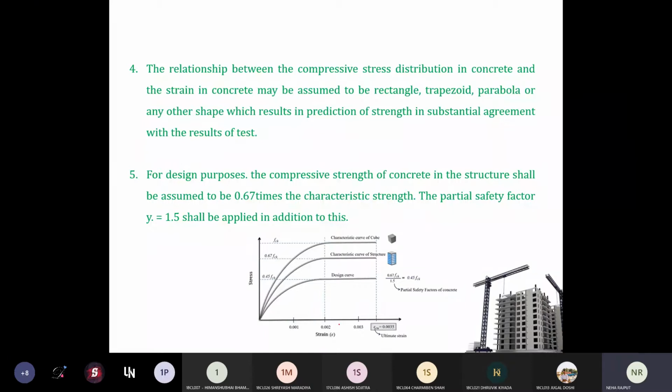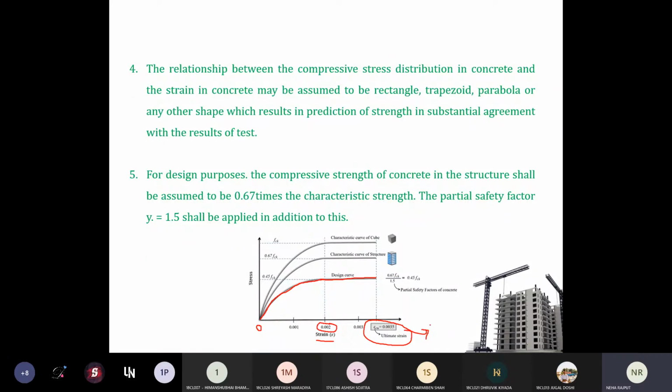That's why, if you remember the stress-strain diagram in the code also, the strain value starts from 0, then the parabolic curve will end at 0.002. From there up to 0.0035 the straight line will be there, and after 0.0035 the line is not extended, because this is the ultimate point you are considering for design purposes.